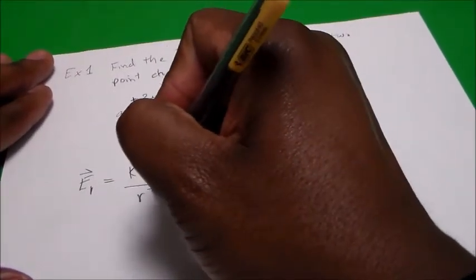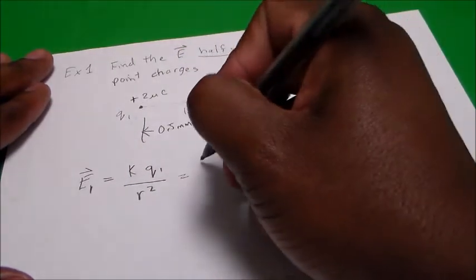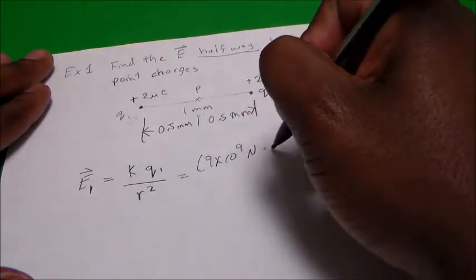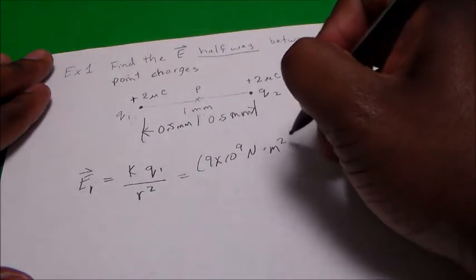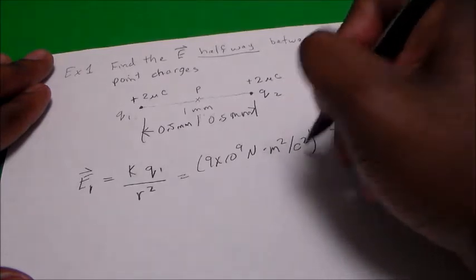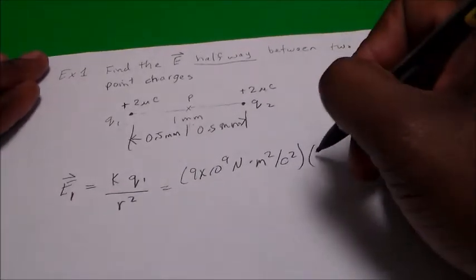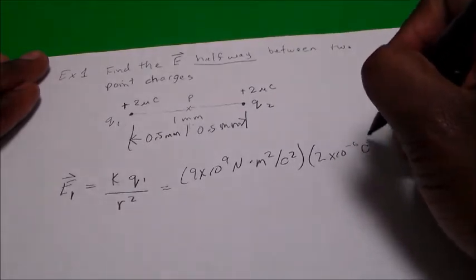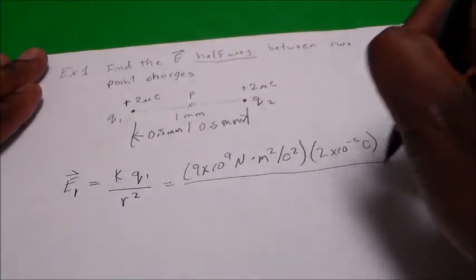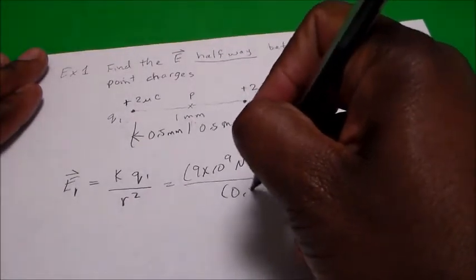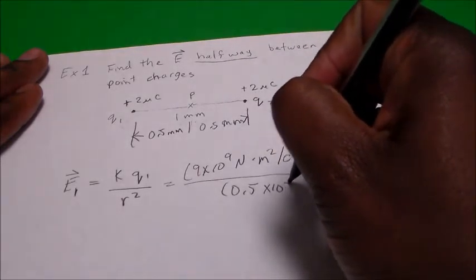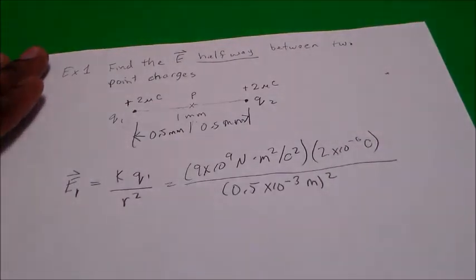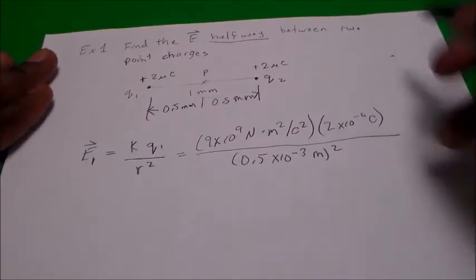We know that to be equal to 9 times 10 to the 9th newton meters squared per coulomb squared, times the charge, 2 times 10 to the minus 6 coulombs, divided by 0.5 times 10 to the minus 3 meters, squared.